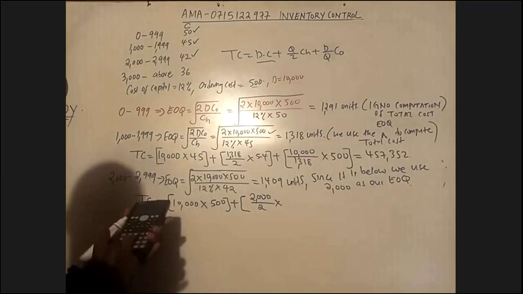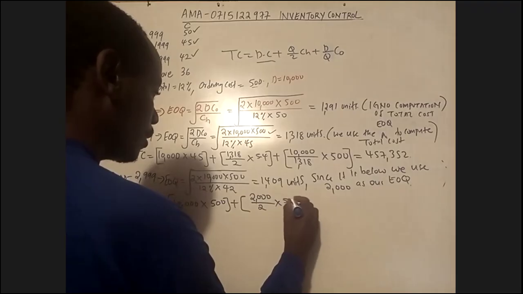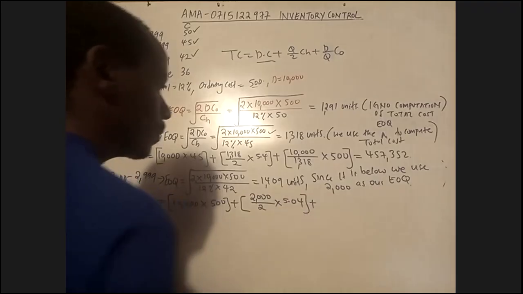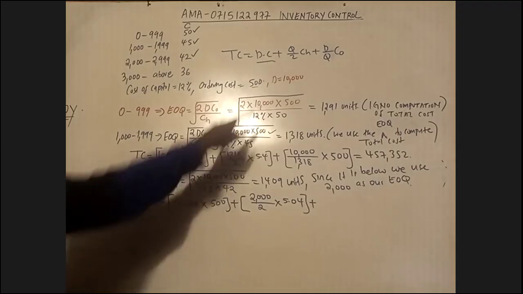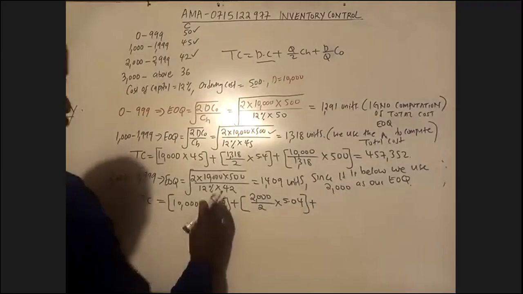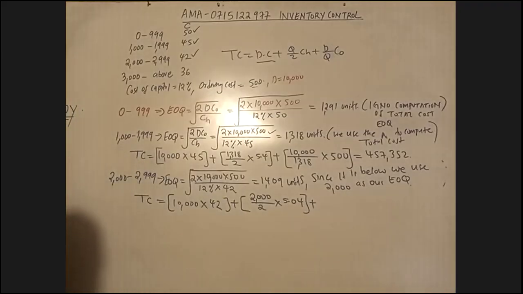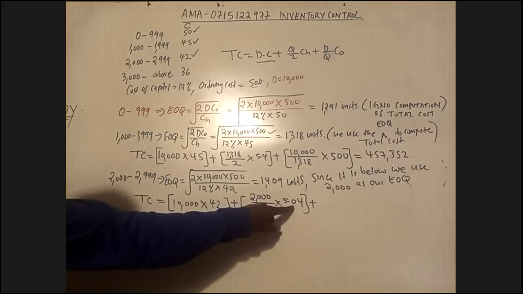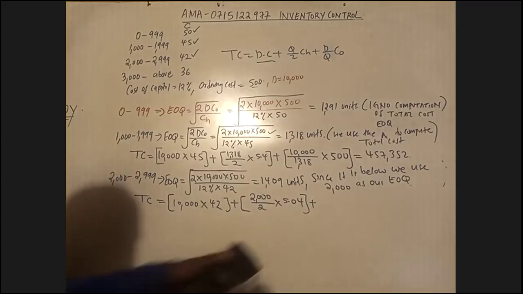Our CH is the upper 12% of 42, which is 5.04.